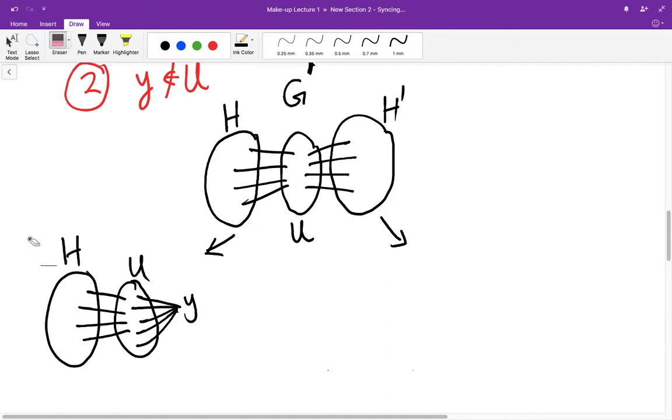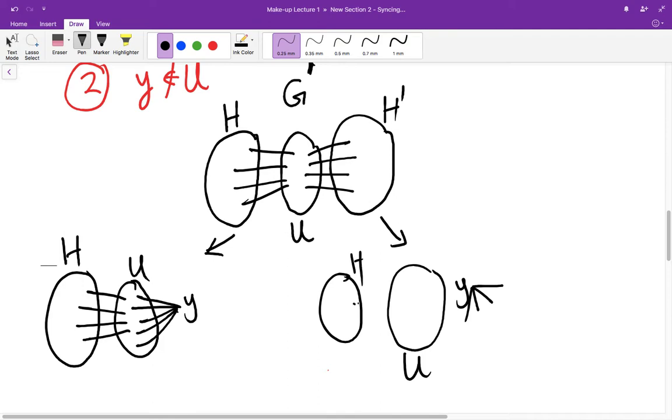The other case is that the vertex Y is joined to some of its neighbors after deleting U. Sorry, this should be the set U. And maybe the component H is over here again. So the vertex Y will be in one component, let's say H prime, together with some of its neighbors.